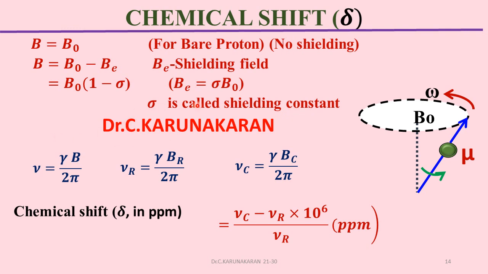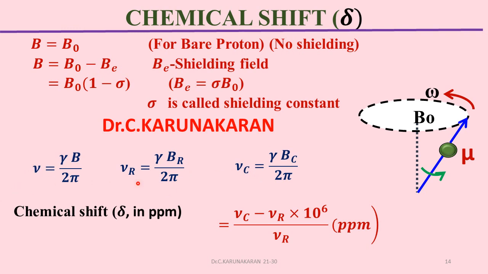It is different for different types of protons because of the different shielding. For example, we have earlier seen the NMR frequency for the reference compound: nu R equals gamma B R divided by 2 pi.